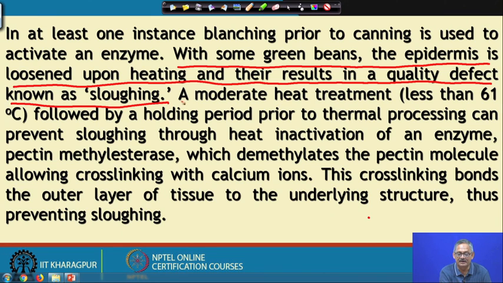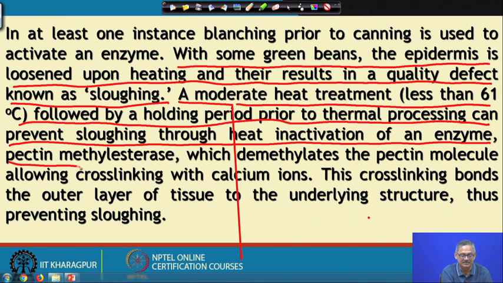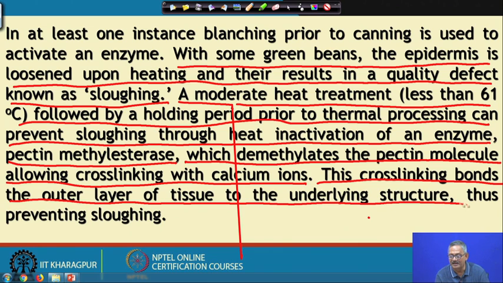A moderate heat treatment, less than 61 degree centigrade, followed by a holding period prior to thermal processing can prevent slugging through activation of an enzyme, pectin methyl esterase, which demethylates the pectin molecule, allowing cross linking with calcium ions, and this cross linking bonds the outer layer of the tissue to the underlying structure, preventing the slugging.